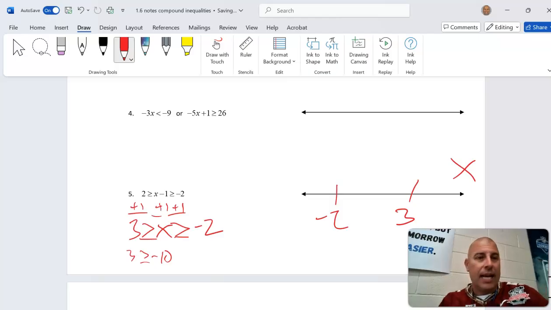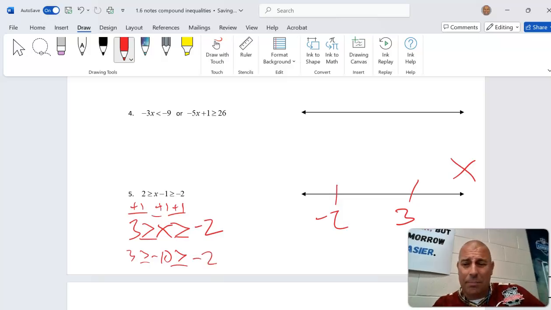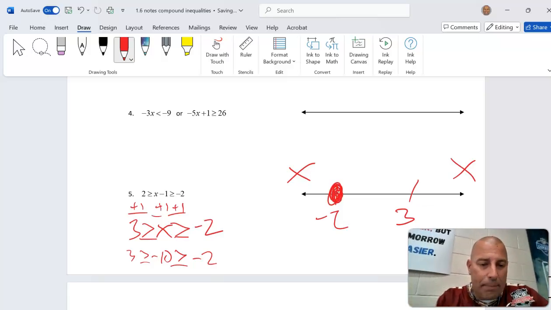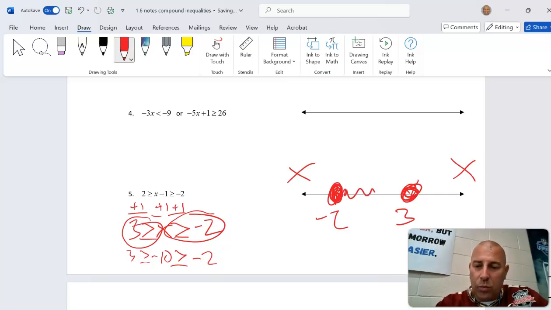Yes, it is. Now, hey, is negative 10 greater than or equal to negative 2? No, it's smaller. So it's not working over here, which means it has to be what's in the middle. So I'm going to shade it because of the or equal to with the negative 2. I'm going to shade it because of the or equal to that's associated with the 3. And it should be what's winning in the middle.